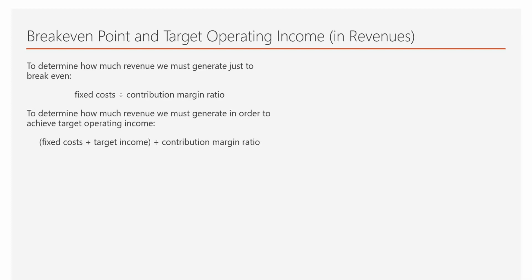And to determine how much revenue we must generate in order to achieve target operating income, take my fixed costs, add that to my desired operating income, and divide that by my contribution margin ratio. So just to break even, how much in sales do I have to have? My fixed cost divided by contribution margin ratio. And to determine how much revenue I must generate in order to achieve target operating income, my fixed cost plus target operating income, add that together, and divide that by my contribution margin ratio.